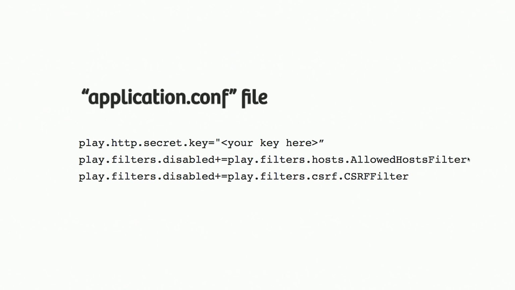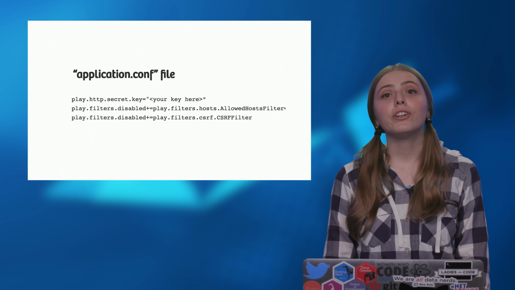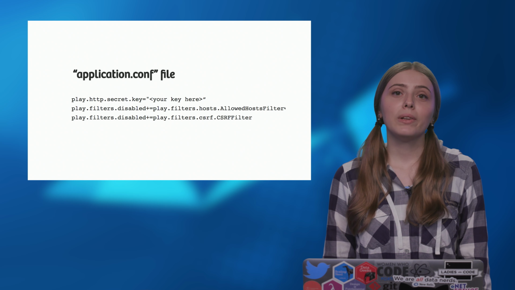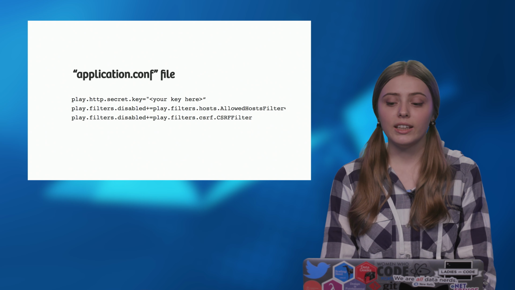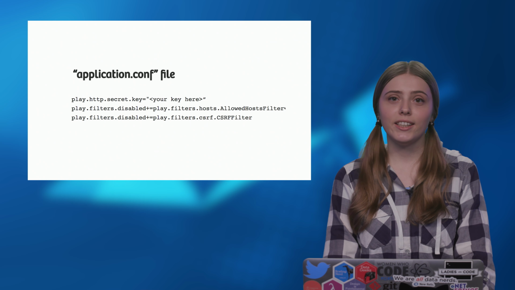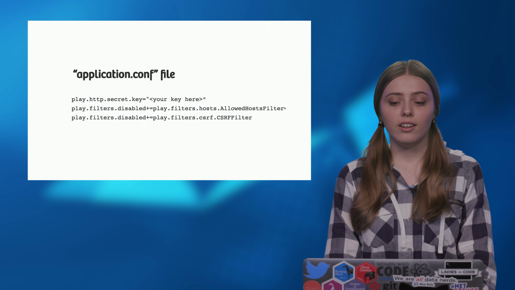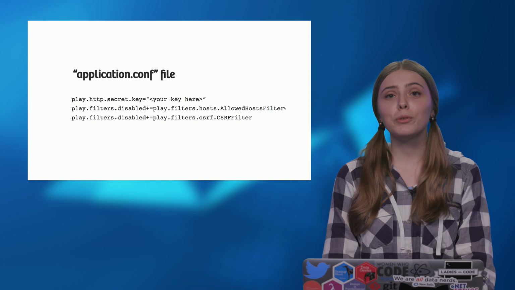The application.conf file is located under the conf directory, and it can be used to set the Play HTTP secret key, to disable or enable some of the default project filters, and many other configuration things. Play uses this so-called secret key to do things like signing session cookies, CSRF tokens, and some built-in encryption utilities.